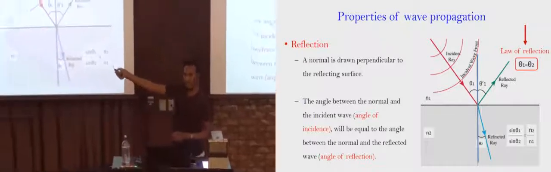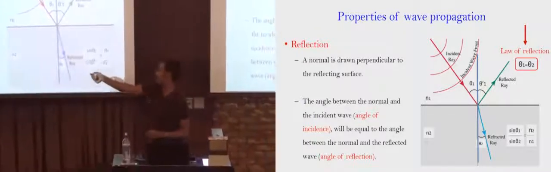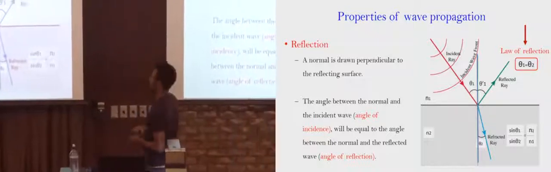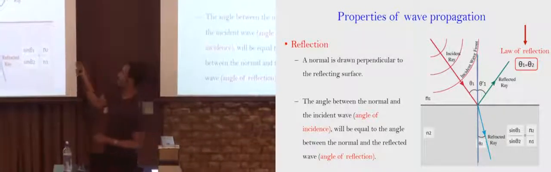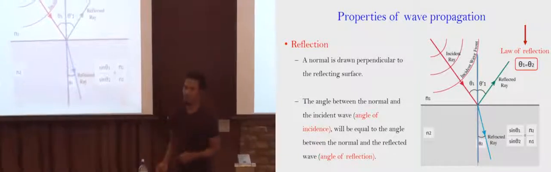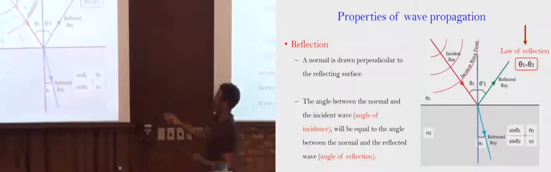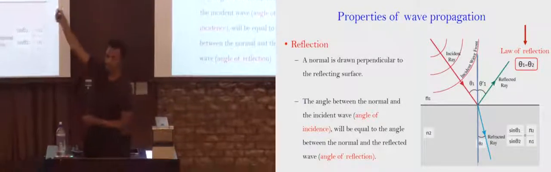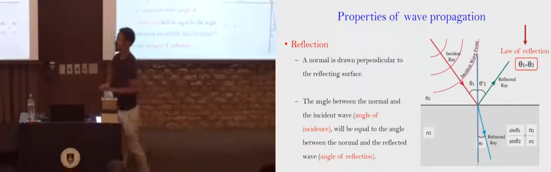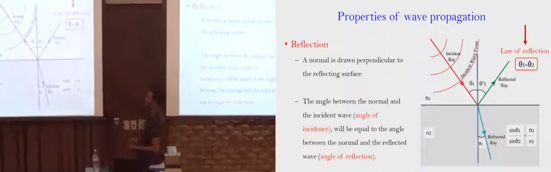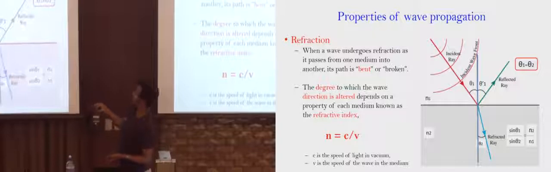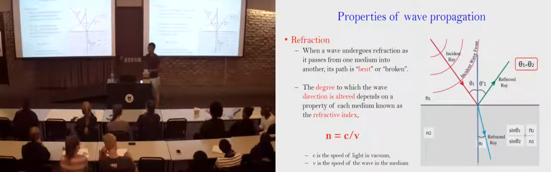When the incident radiation hits the surface, it is reflected back, and the law of reflection says the angle of incidence is equal to the angle of reflection. So theta 1 equals theta 2. You might remember this from your high school class. The second law is the law of refraction.